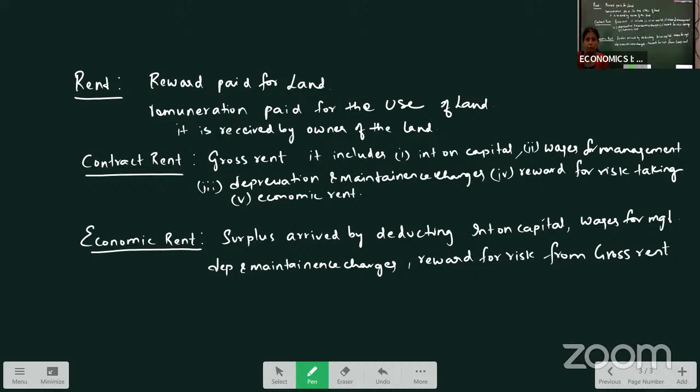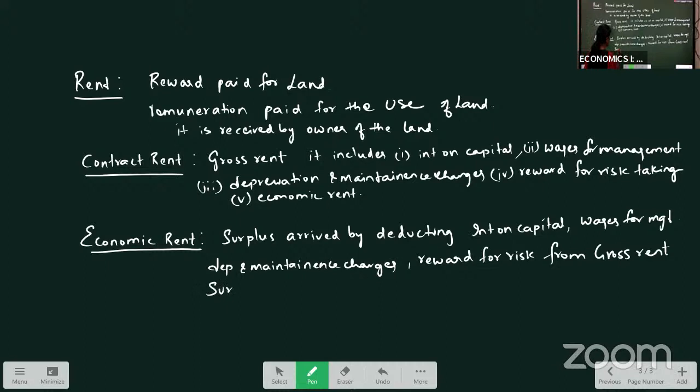Also depreciation and maintenance charges, and reward for risk taking, as the owner is taking the risk by giving that land for rent. All these are deducted from the gross rent. Whatever surplus is there, that surplus is called economic rent.